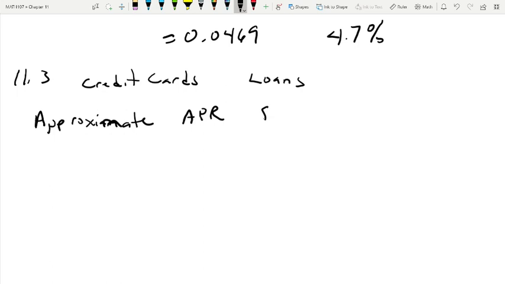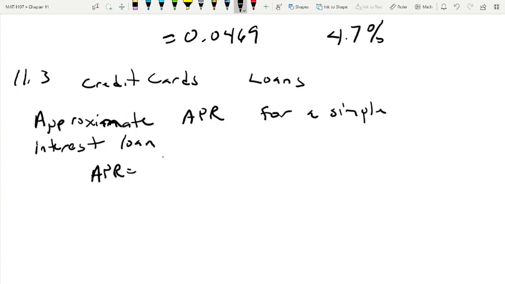And this is for a simple interest loan. And so the APR is given by 2 times N times R over N plus 1. Okay? So R is the rate, which we've seen before. N is the term of the loan in months.